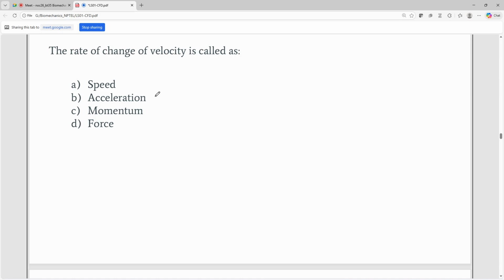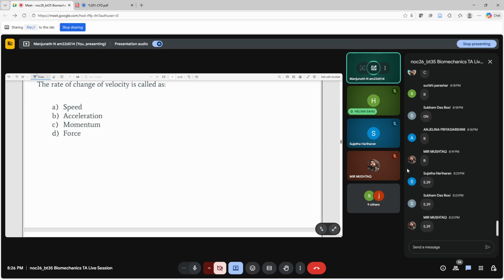Next question, simple question. What is the rate of change of velocity called as? Option A, speed. Option B, acceleration. Option C, momentum. Option D, force. Rate of change of velocity. Quick answer. Yes, acceleration.